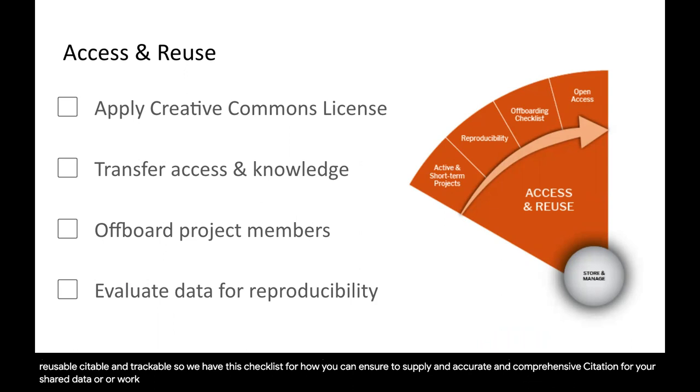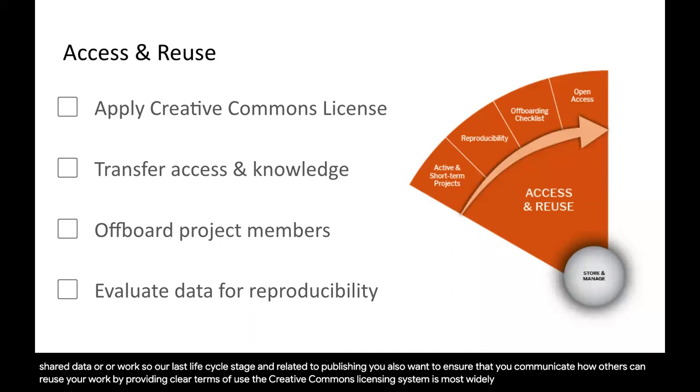So our last life cycle stage, and related to publishing, you also want to ensure that you communicate how others can reuse your work by providing clear terms of use. The Creative Commons licensing system is most widely used for research data.